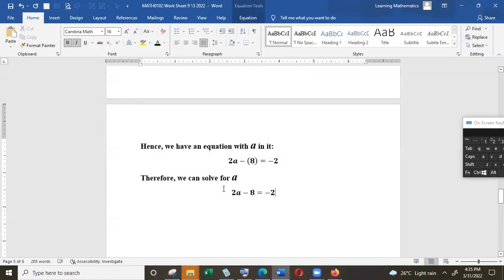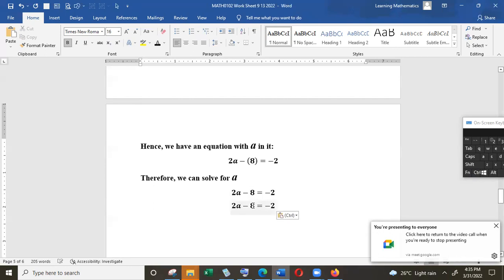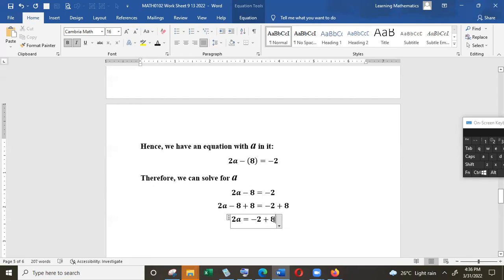We're going to add 8 on both sides to cancel out -8. You add 8 on the left side, you have to add 8 on the right side. So -8 plus 8 gives us 0 on the left side, so it cancels out. And we are left with 2a equals 6, since from -2 plus 8 we get 6.